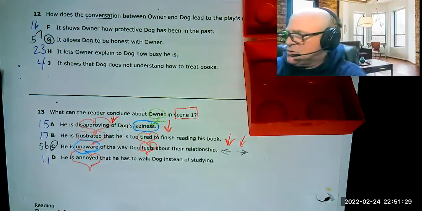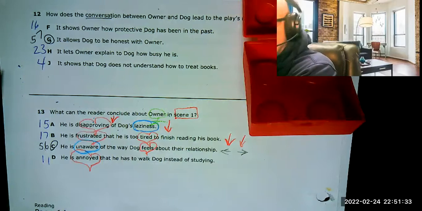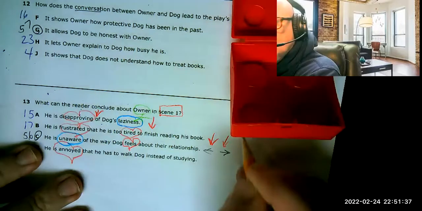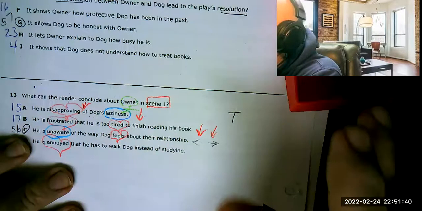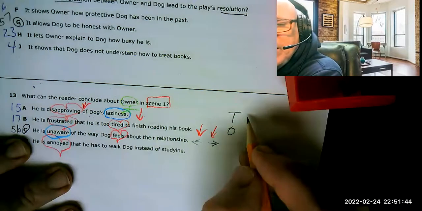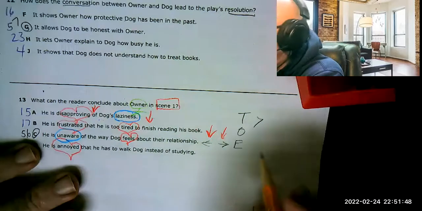Okay. So if I write thoughts, just the T, opinions, that's my voice inside my head. If I write E for emotions and feelings, that's my voice inside my heart.